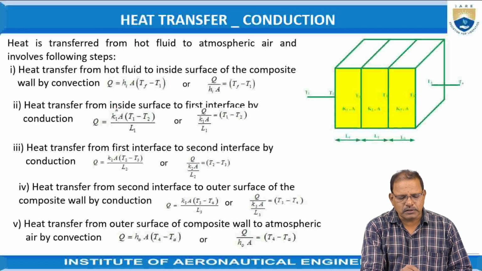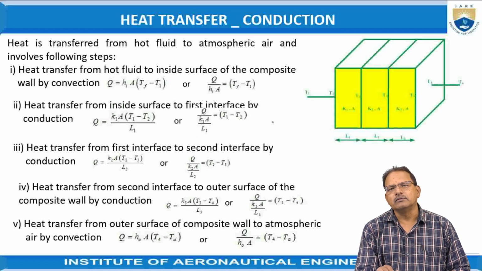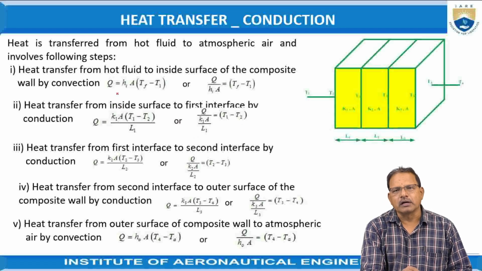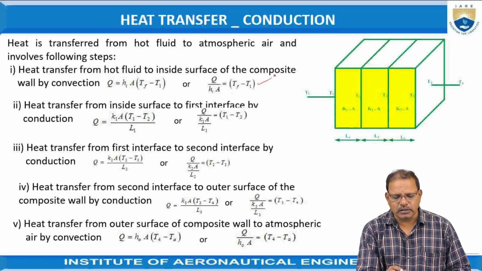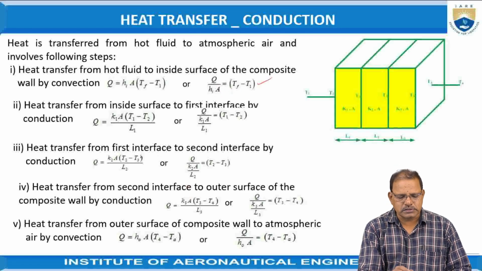Hence for the first one, from T alpha to the first surface, given by the convection process, Q is equal to Hi into A into Tf minus T1. For the second one, the conduction process, Q is equal to K1 into A into T1 minus T2 divided by L1.